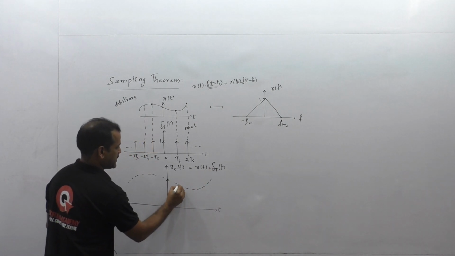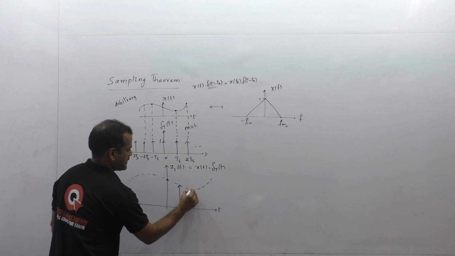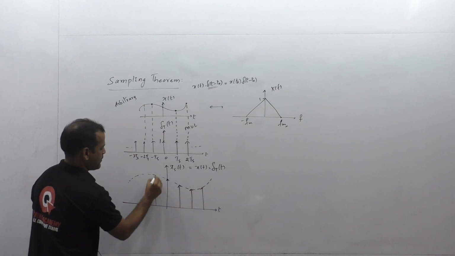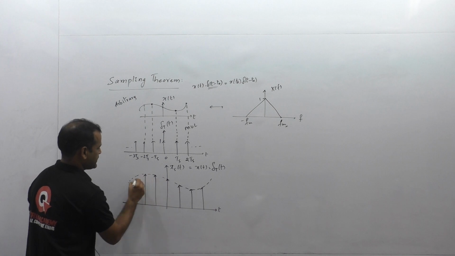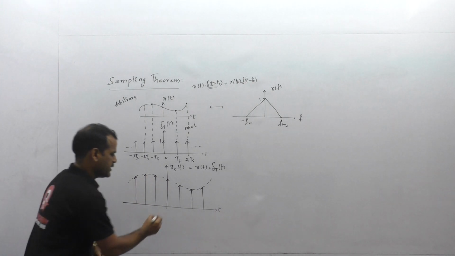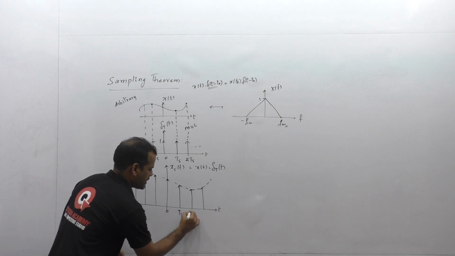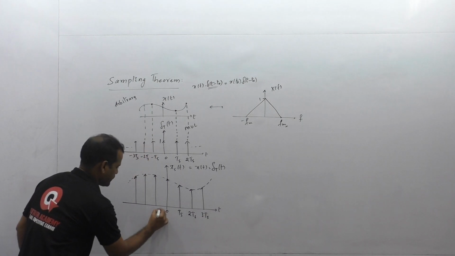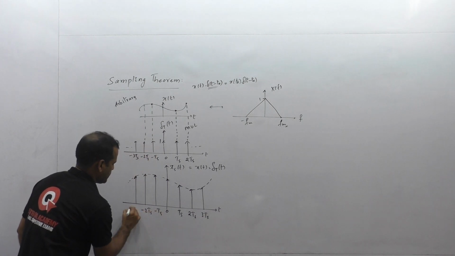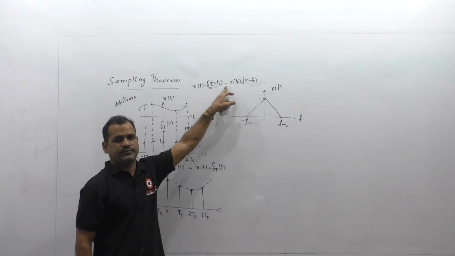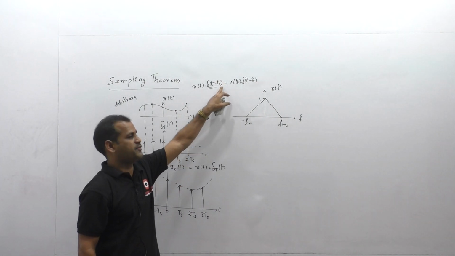Delta functions will appear at their respective locations with the corresponding amplitudes as per the x of t instantaneous amplitudes, as shown in this figure, and the spacing between the delta functions is the same. This is drawn from the sampling property of the impulse delta function.